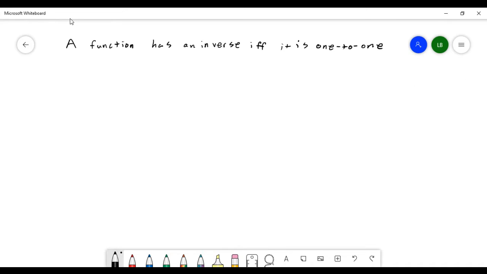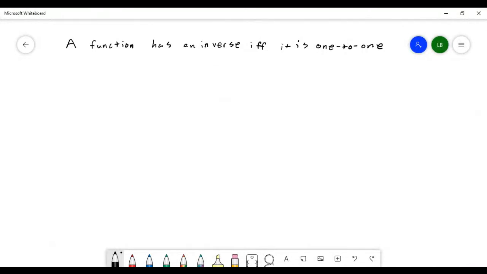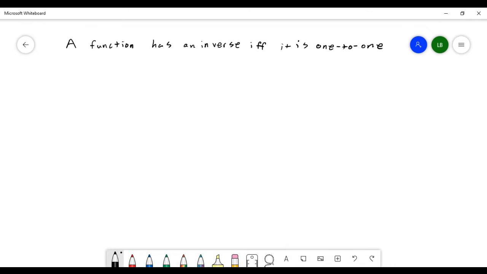Because if you know that a function is always increasing, then it has to be 1-to-1, right? Because it can't decrease, so it has to keep increasing, which means that no matter where you choose to draw a horizontal line, it's never going to intersect your function more than once. Make sense?